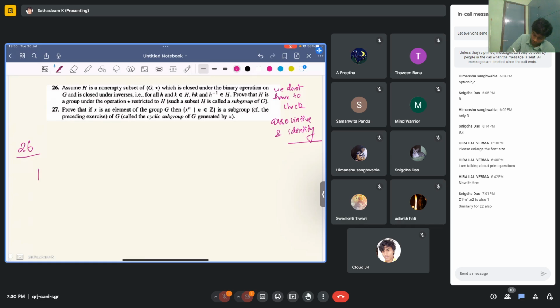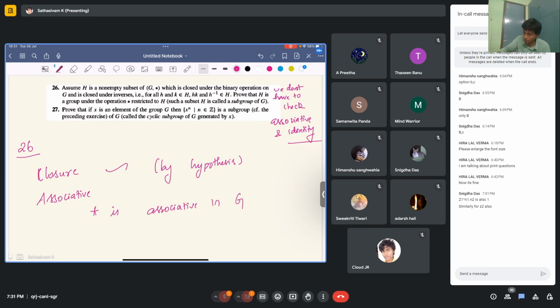First one, closure, is correct by hypothesis. And what about associativity? Associativity is true in G itself, right? So star is associative in G. So in particular, it is associative in H.